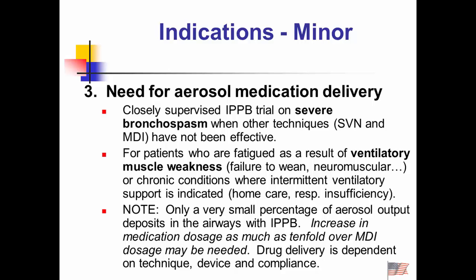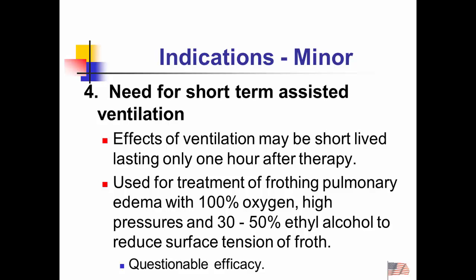So somebody perhaps that has some neuromuscular deficit, or somebody has a chronic condition like COPD that they actually enjoy having their lungs inflated. Enjoy? Maybe not the word enjoy, but it feels more comfortable for them. Same as we had with an MDI or a small volume nebulizer, the amount that we actually deposit into the lungs is very low. But it is enough that we can end up having bronchospasm relieved.